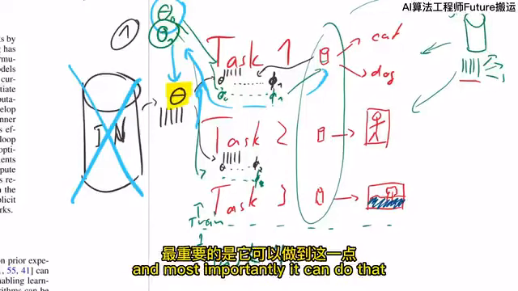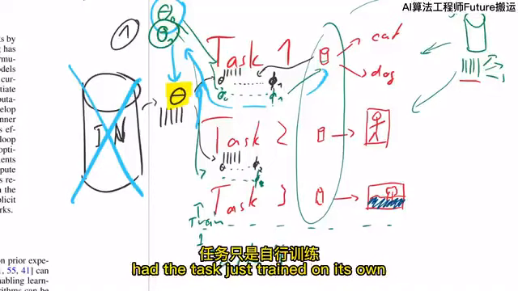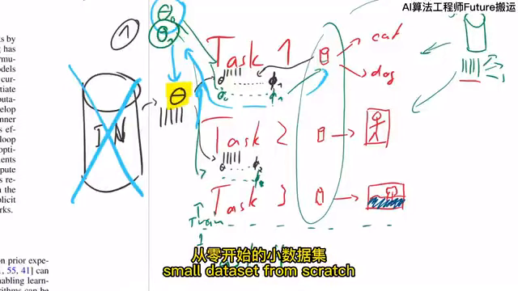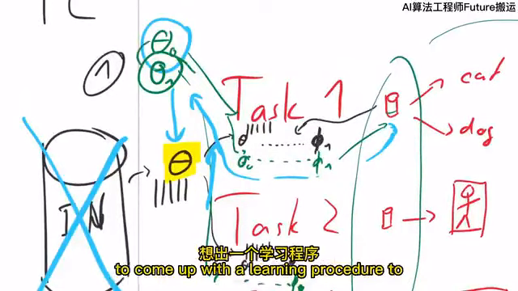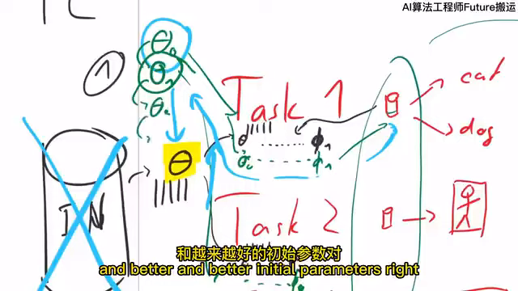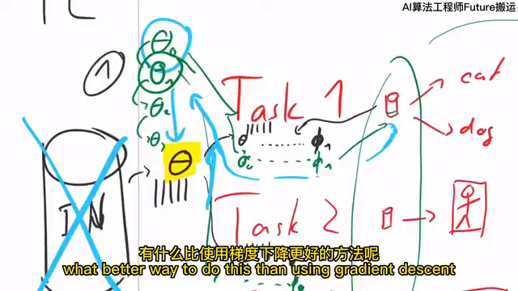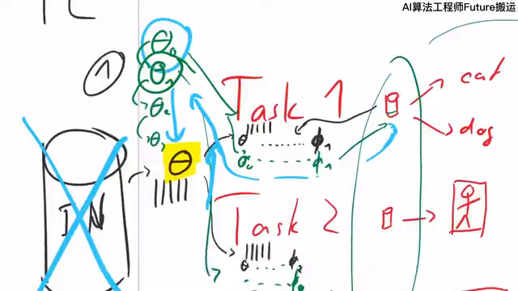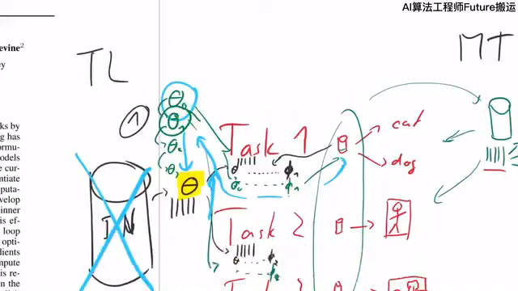And most importantly, it will result in a much better model than had the task just trained on its own small data set from scratch. So our task in meta-learning is basically to come up with a learning procedure to iteratively generate better and better initial parameters. And what better way to do this than using gradient descent? So this is meta-learning using gradient descent.